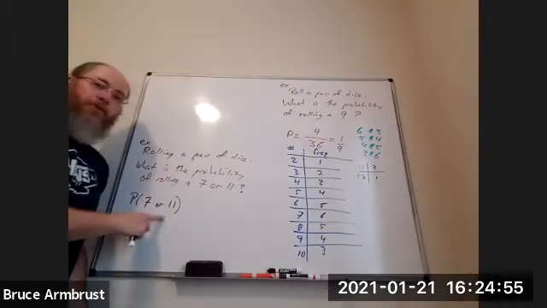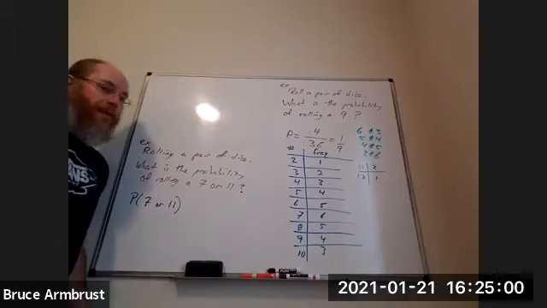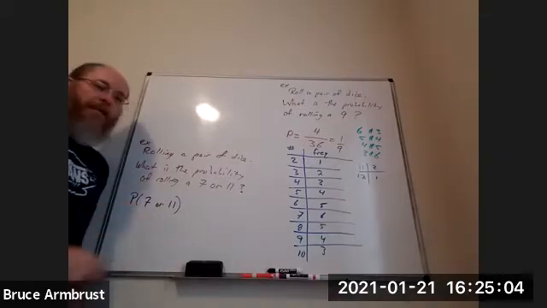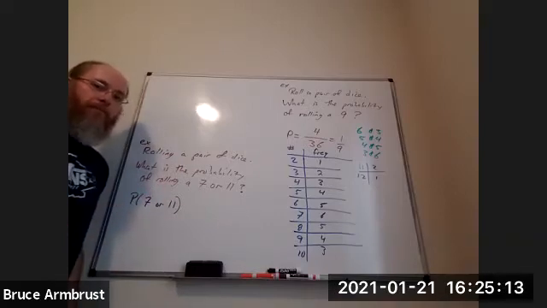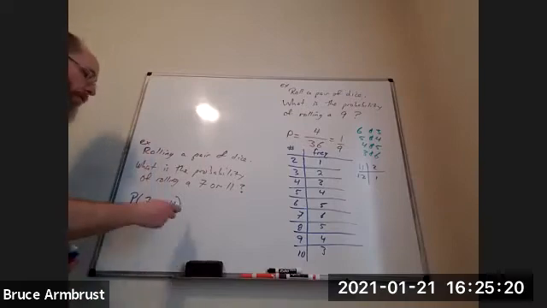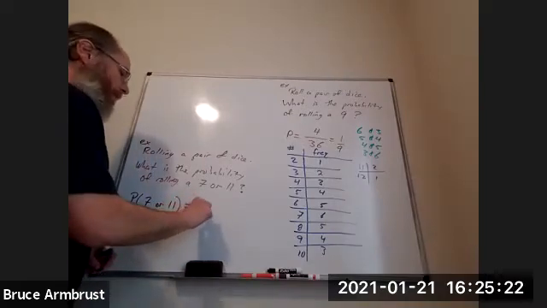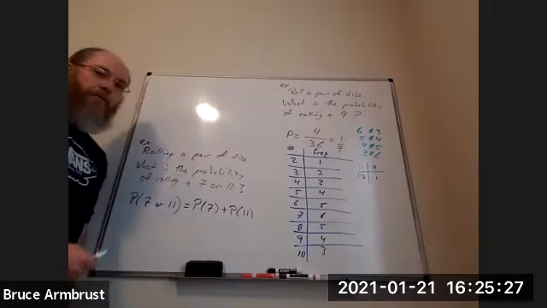Now it does matter if they are mutually exclusive or not. So mutually exclusive means they both cannot happen at the same time. And this is a case of mutually exclusive. If I roll a pair of dice, there's no way it's going to add up to 7 and 11 at the same time. Right? That's impossible. So mutually exclusive is the nice one, because what we can do is just take the probability of a 7 and add it to the probability of 11.